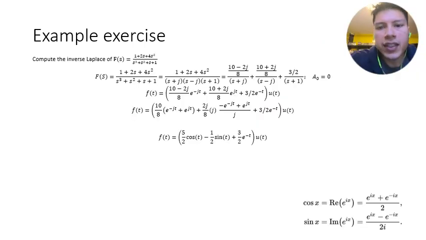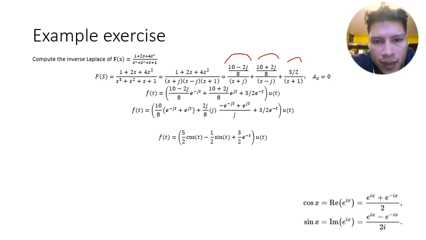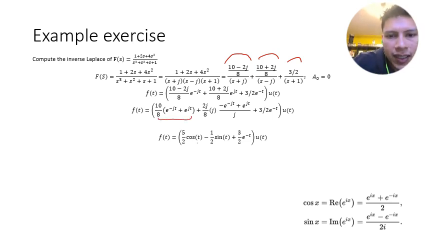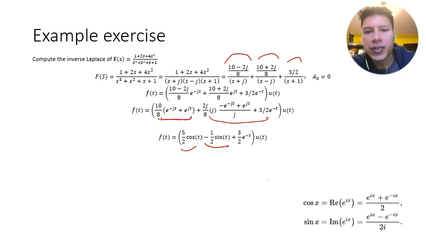So here's the inverse Laplace of this, with the coefficients plugged in. Now, we have to write this in terms of Euler's identity, so we have to write the two parts in terms of the real part and the imaginary part. The imaginary part will correspond to the sine part, and the real part will correspond to a cosine part.